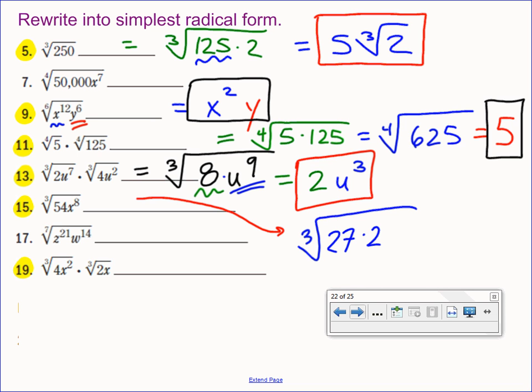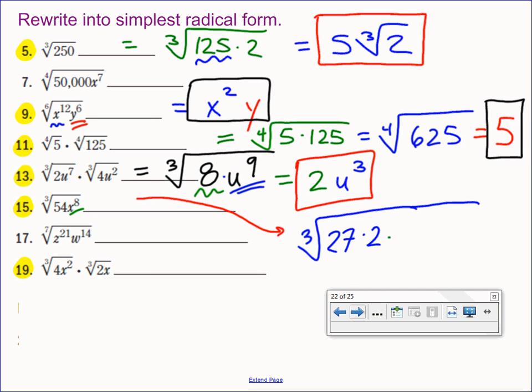There's my 54. Now we'll rewrite that x to the 8 as a product of powers with like bases where one of my exponents is divisible by the index on my radical. Is 8 currently divisible by the index 3 without a remainder? No. So I'm going to chunk down that x to the 8 as a product of powers. What's the next highest exponent beneath 8 that is divisible by 3? 6.